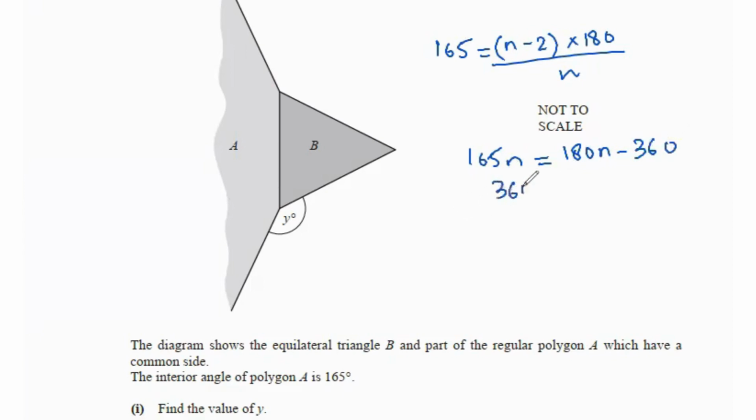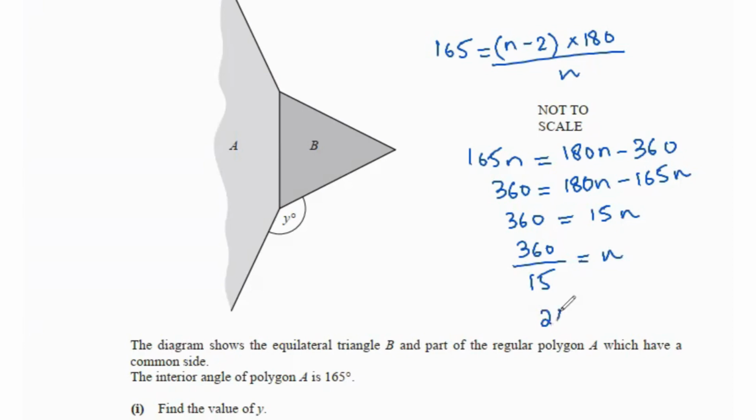So that means 360 will equal the difference of 180n and 165n, which is basically going to be 15n. So 360 divided by 15 is going to give us the value of n, which is 24. So polygon A has 24 sides.